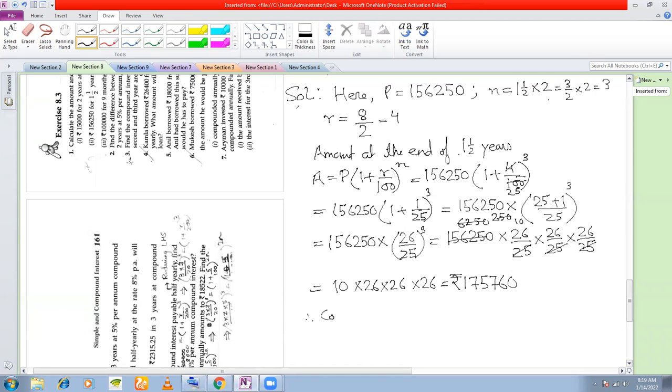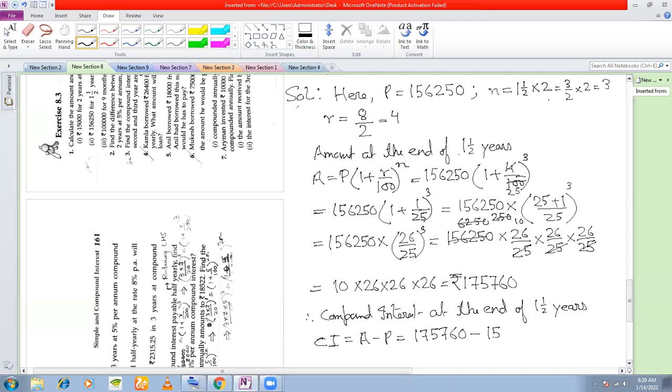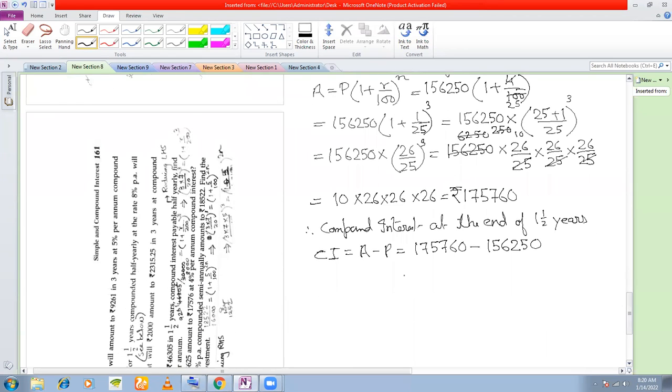Therefore, what will be the compound interest? Compound interest at the end of 1.5 years is CI is equal to A minus P. A here is 175,760, minus 156,250.